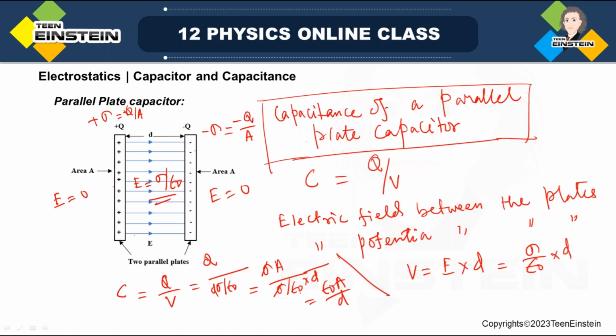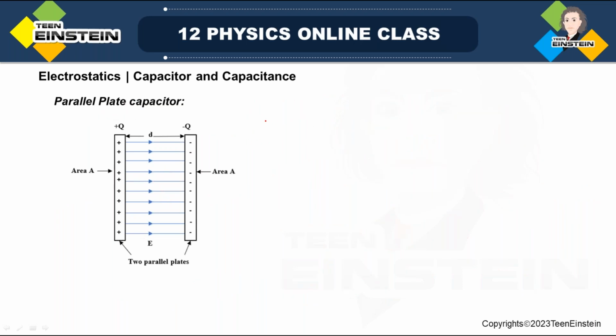Capacitance is epsilon 0 A by D. See what we get: the capacitance of a parallel plate capacitor.